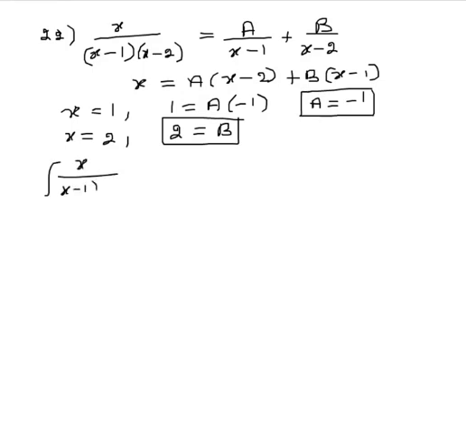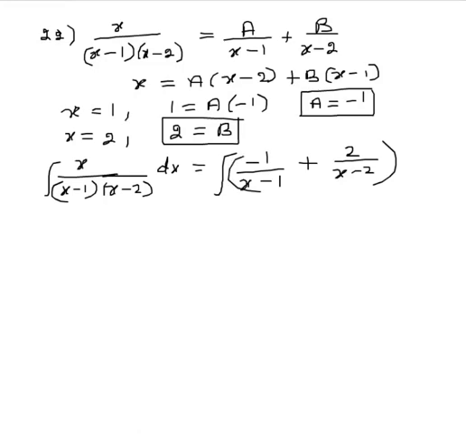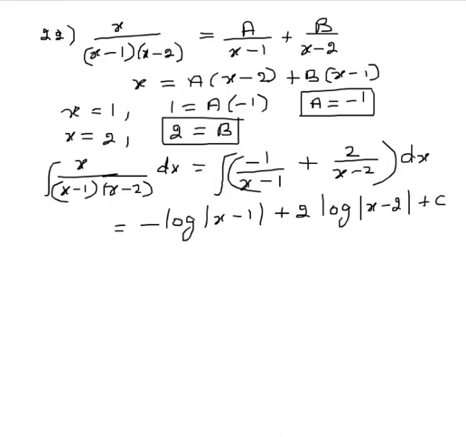Therefore, the given integral becomes integral of A divided by x minus 1 plus B divided by x minus 2 dx, which is minus log of absolute value of x minus 1 plus 2 log of absolute value of x minus 2 plus C. Let us combine these two log terms.